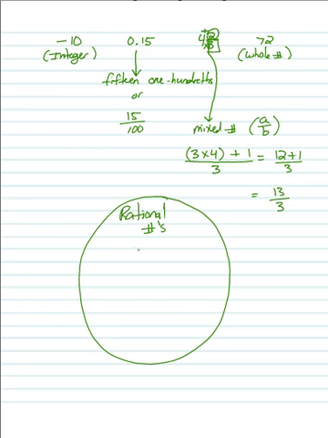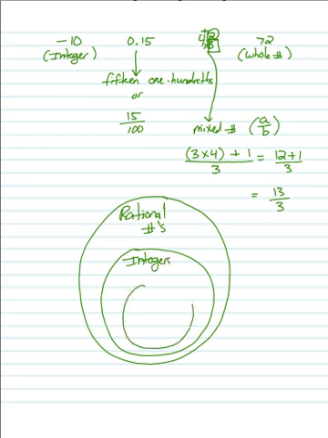And then again, within the set of rational numbers, we have the set of integers. And then within that set, we have the set of whole numbers. So, our first example of -10 is an integer, so we're going to place it in our integer circle.